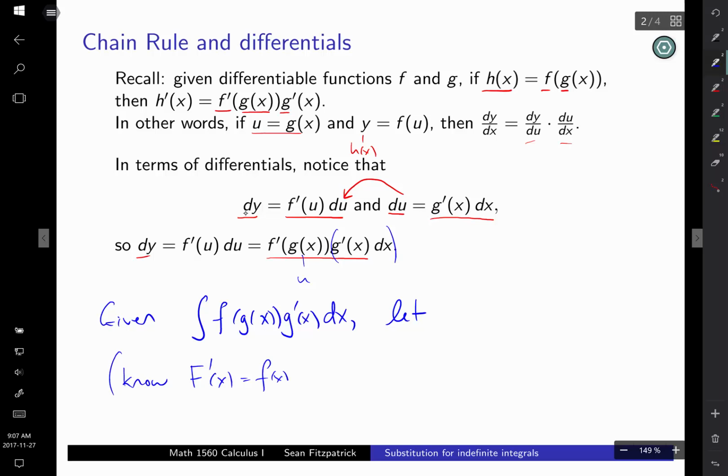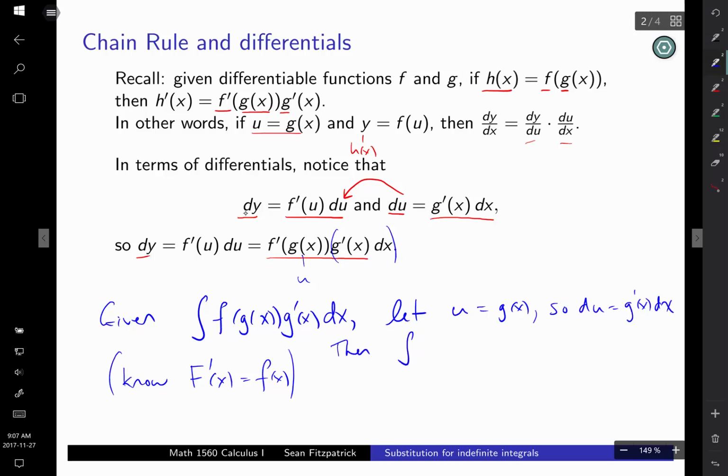So we have a big F prime. What we can do is let u equal g of x. So du is g prime of x times dx.